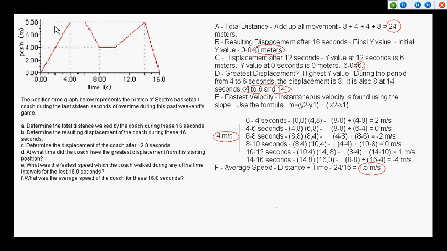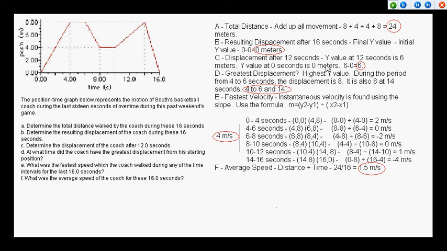To find the greatest displacement, you just have to look for the highest y value. So you can see that right here, it touches the 8 value on the y-axis multiple times. First, it touches it from a period of 4 seconds to 6 seconds, and it touches the 8 meter mark again at 14 seconds.